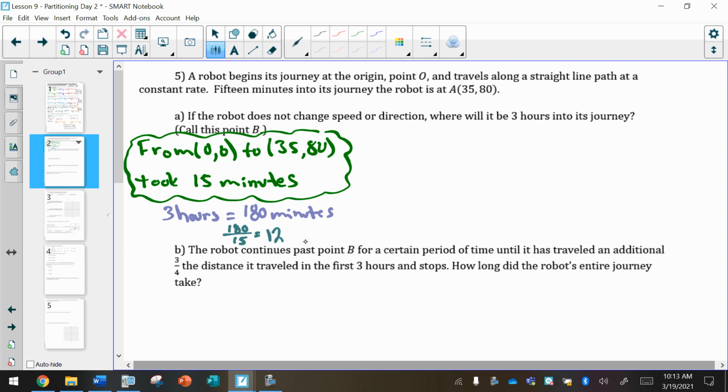Okay, so the change in x, x2 minus x1, 35 minus 0, is just 35 units horizontally. The change in y would be the 80 units vertically. That's for every 15 minutes.